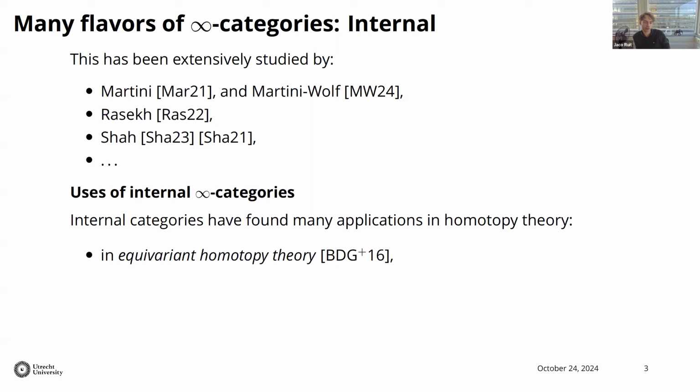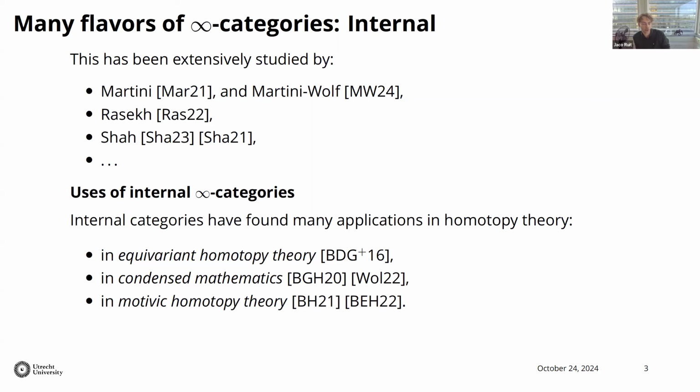So this is a very powerful point of view in this area. It has applications in condensed mathematics and also in motivic homotopy theory. So I put some references here, and if you download the slides from the webpage, you can go to the articles and try to recognize some of these internal categories that are being used there.